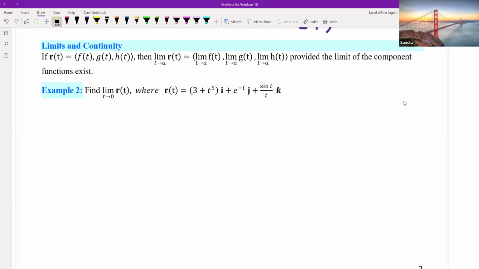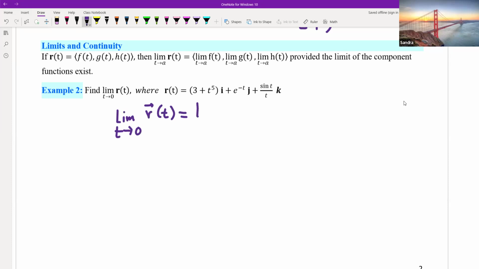Okay, so what I am going to do right here is take the limit. So this will be the limit as t goes to 0 for the vector function.